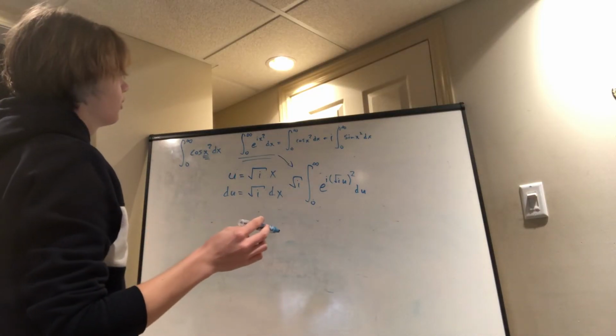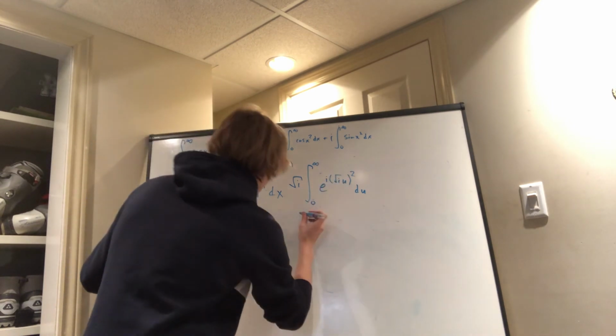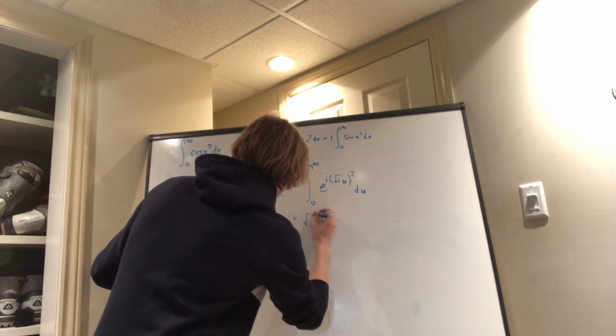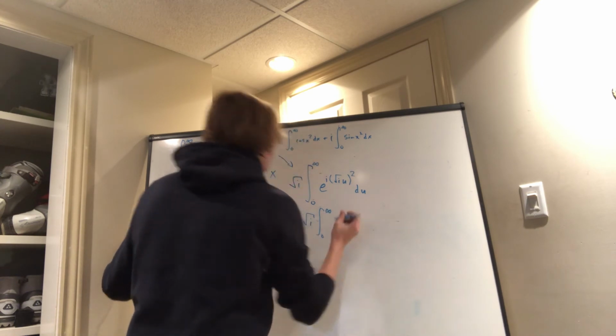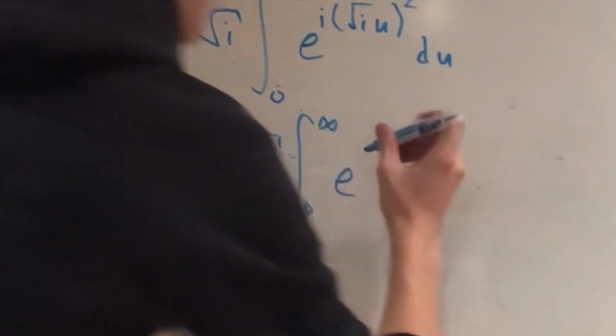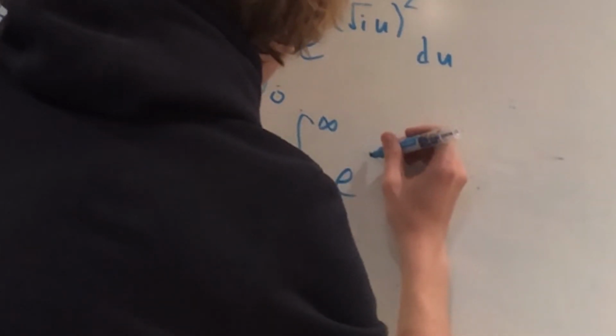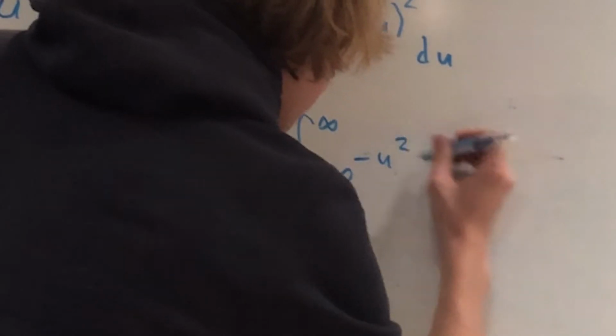And then the square root of i squared, this equals the square root of i times the integral from 0 to infinity, e to the i times i times i is just -1, e to the minus u squared du.